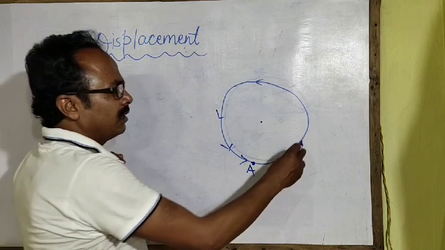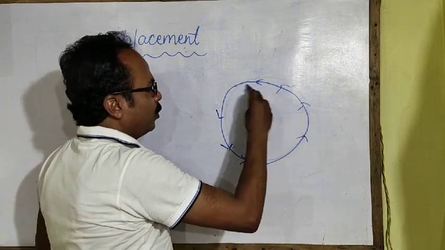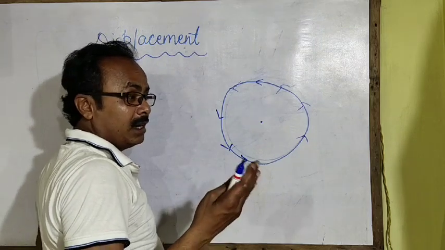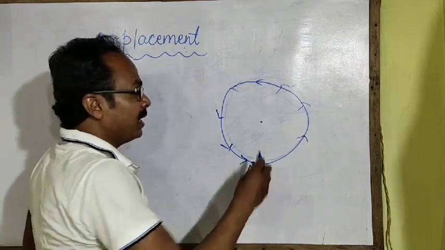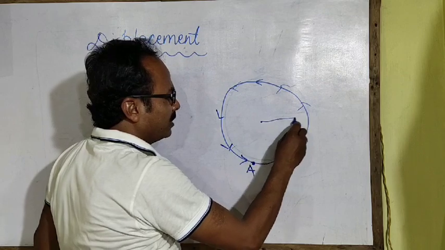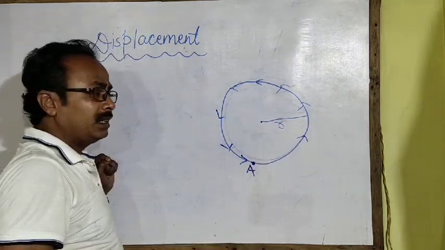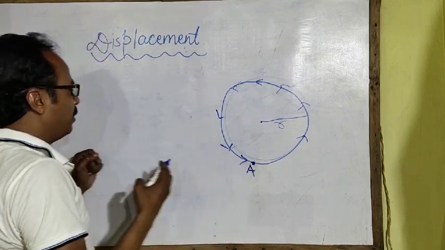Yes, obviously the whole length of this circular path. If we simply know the radius, we can easily find out the distance covered by the body.